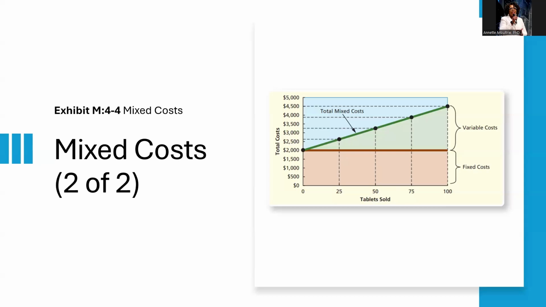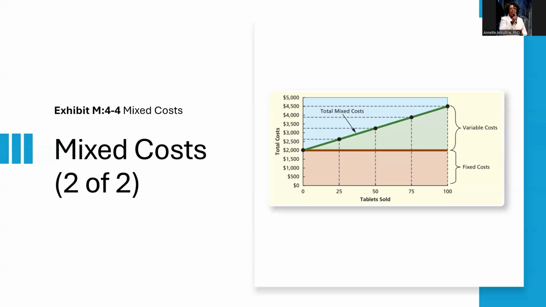So on this graph, you see that the x-axis represents the number of tablets sold. The y-axis represents total cost in dollars. Now, the total cost line increases from 0, 100 to 500, then you see the 150.